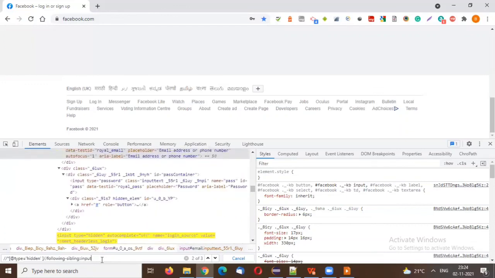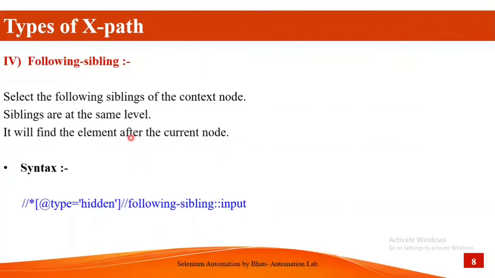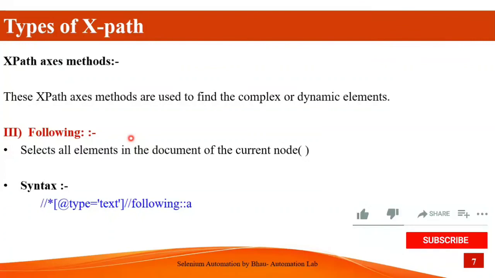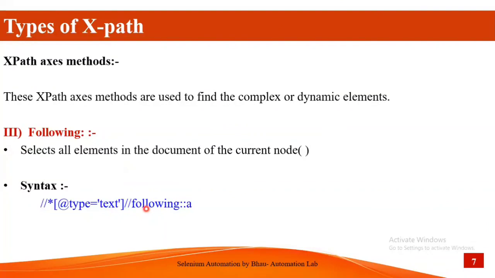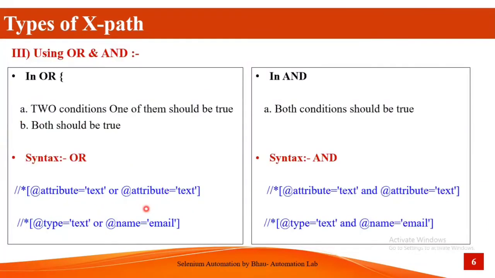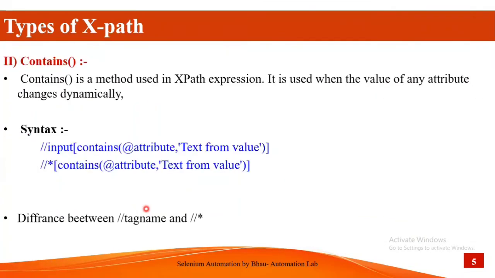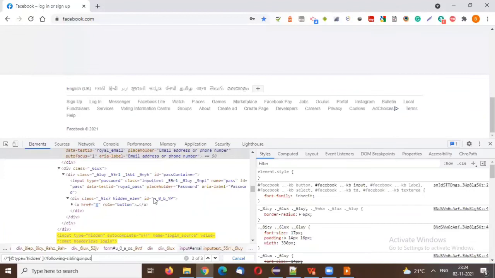Hope you guys understand this concept related to XPath axes methods. You have to create your own XPath. Just practice more types of XPath for sibling, following-sibling, and using the and/or operator, contains, and text. Hope you guys understand everything about XPath.